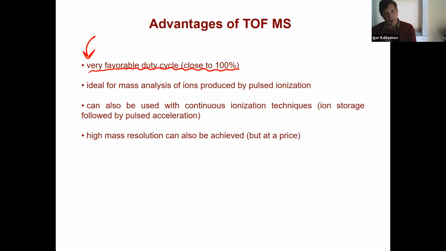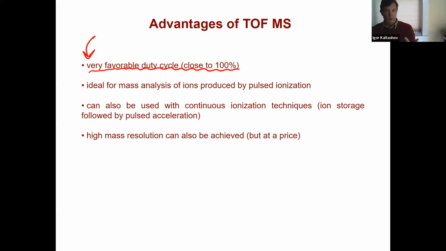But you can also apply that to electrospray ionization or some other continuous ionization techniques, as long as you make some modifications to the very simple design I showed in the previous slide, and you introduce some ion storage devices. So you produce ions continuously, and you store them continuously without losing any of them. And then you have an electrical pulse that pushes them into the acceleration region.